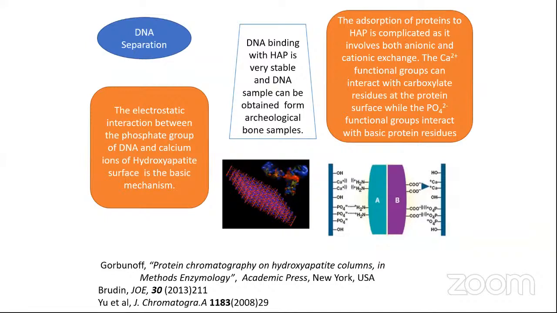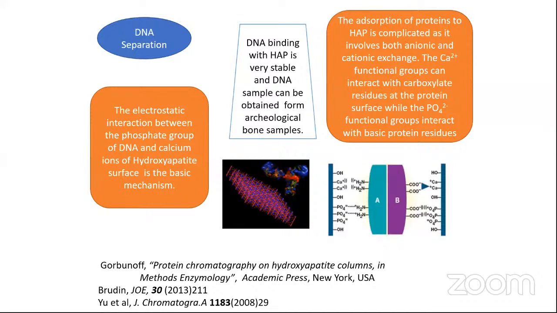And the DNA sample can be obtained from archaeological bone also. People have found DNA bound with the fossils of dinosaurs, and they've retrieved it. We have seen the movie in Hollywood where people retrieved the DNA from the fossils of dinosaurs. So it is a possible thing, because DNA binds with hydroxyapatite in a very stable manner.